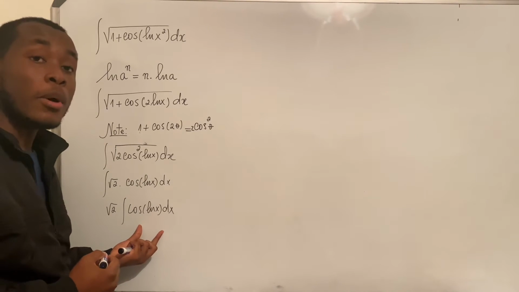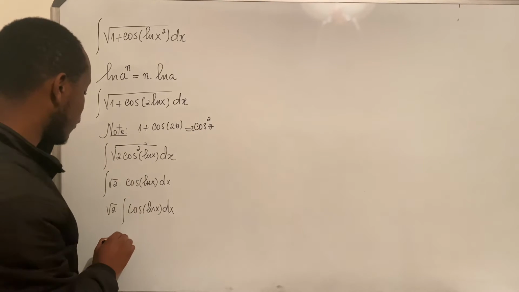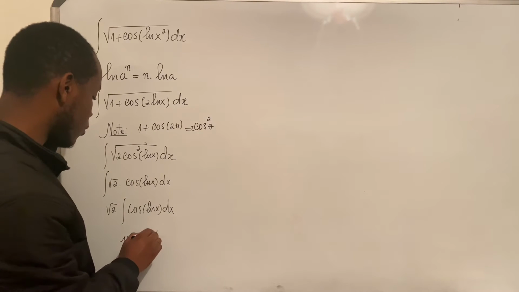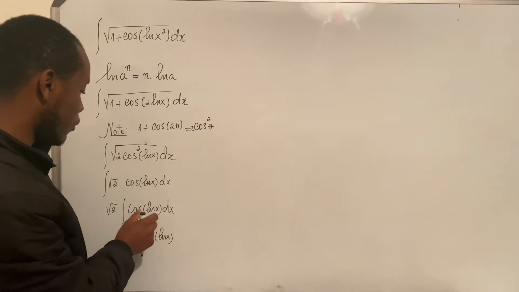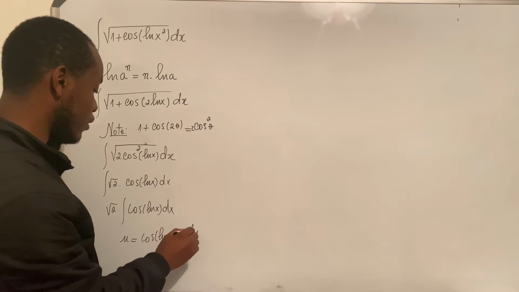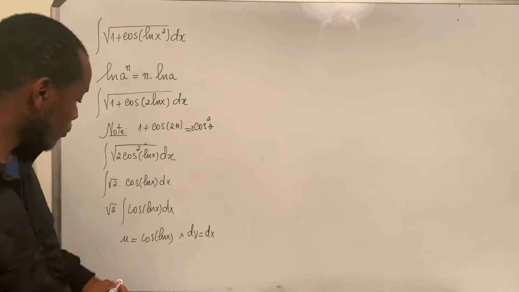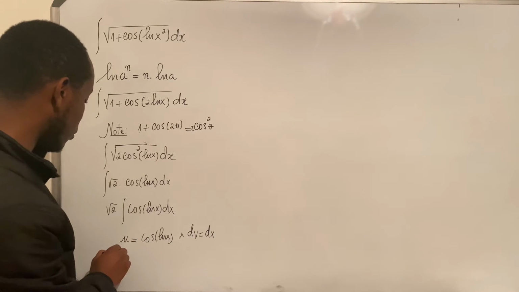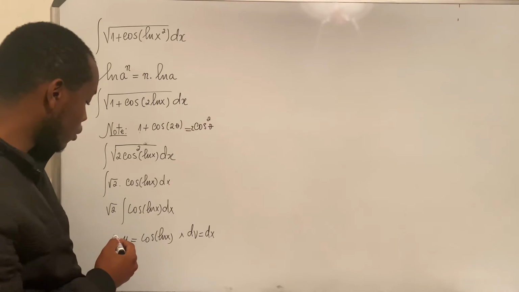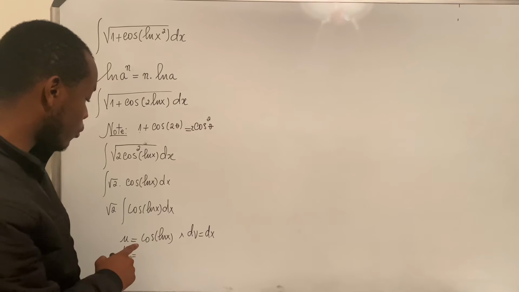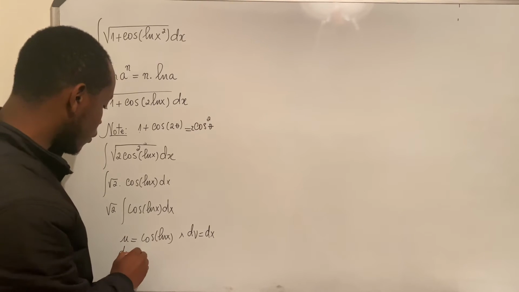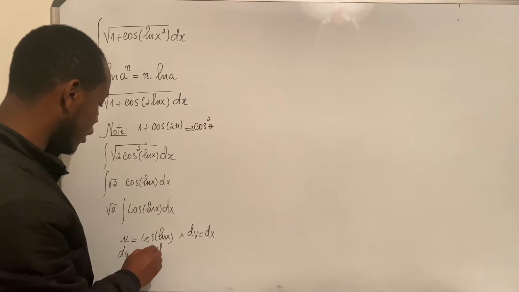Now we can apply integration by parts. We're going to take first our u, which is the easiest expression to differentiate, which is cos of ln x. And if we take this as u, the remainder, which is dx, becomes our dv. So dv will be equal to dx. If we differentiate, du is the derivative of cos, which has a negative sign, so it's minus sine ln x.